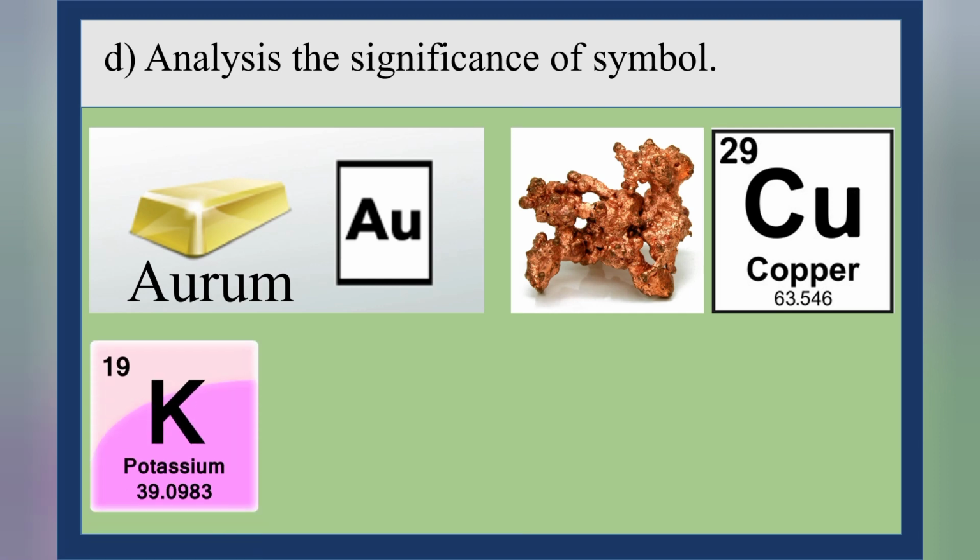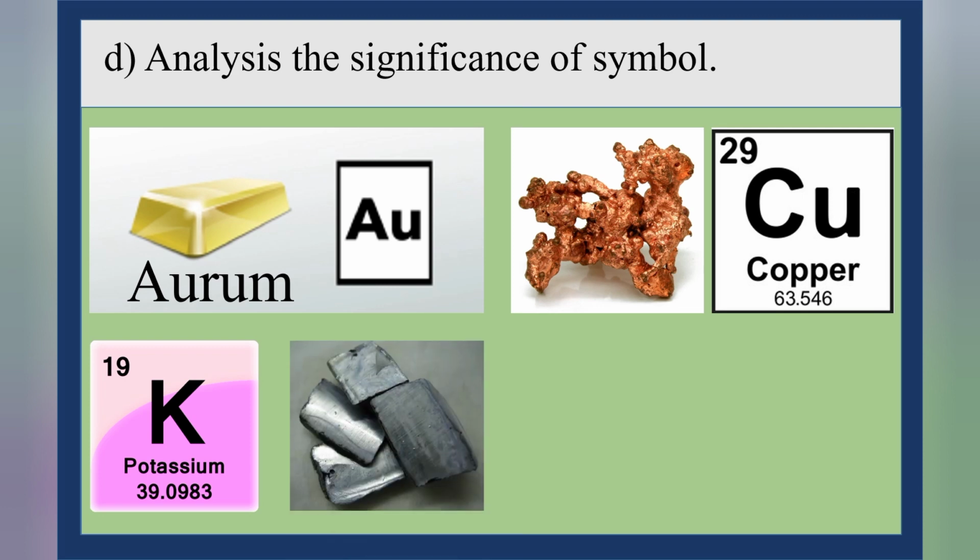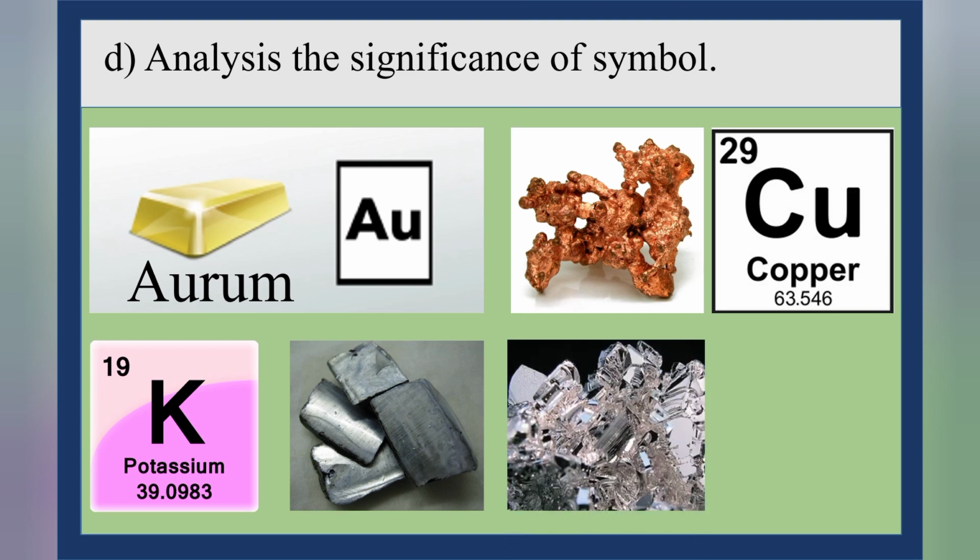Okay, and then for potassium we refer to the Latin name Kalium, and from there we got the symbol of potassium. Here, this is the real picture of potassium. Okay, and then this is what?